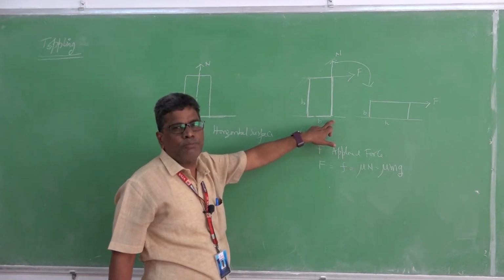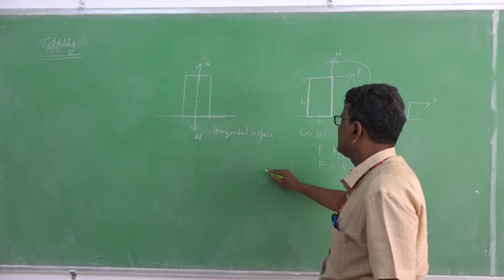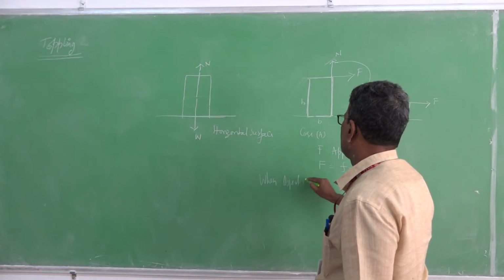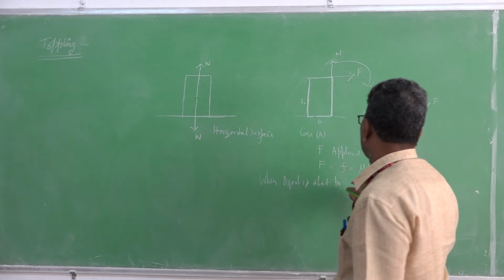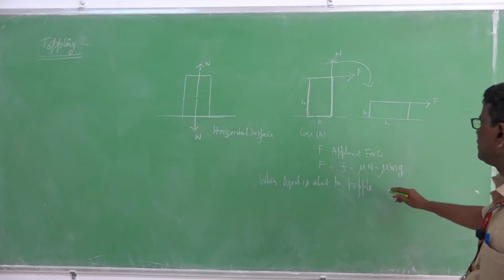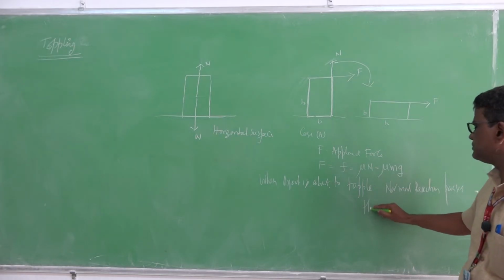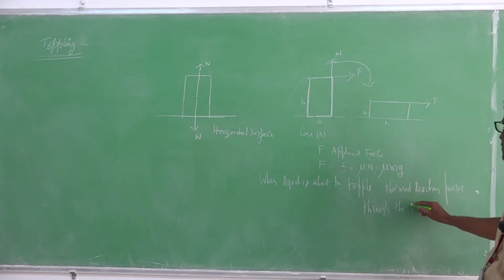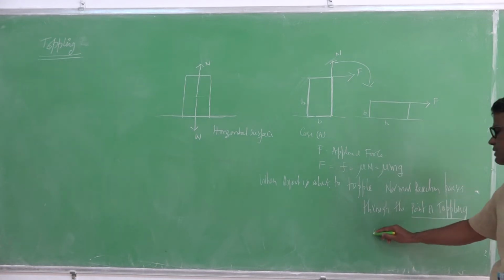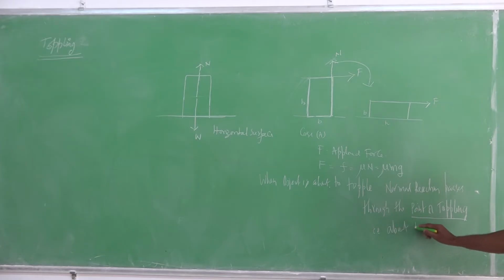When the object is about to topple, the normal reaction passes through the point of toppling, that is, the corner.